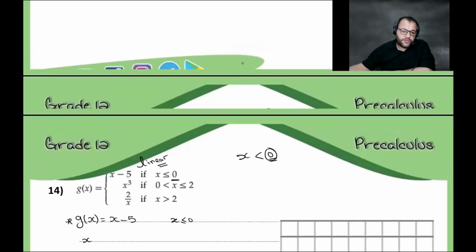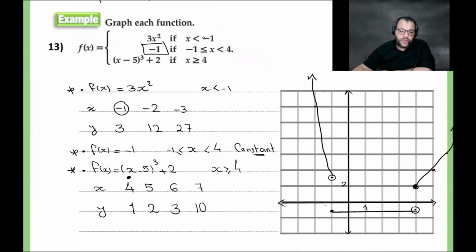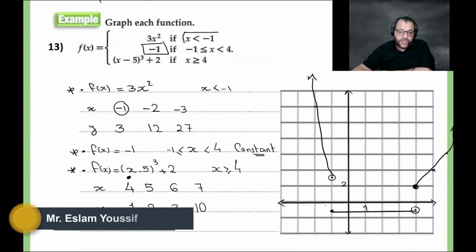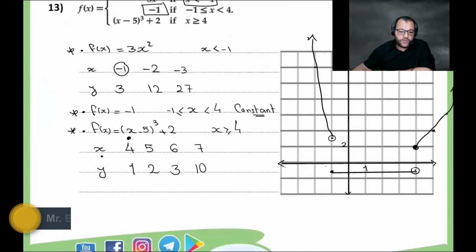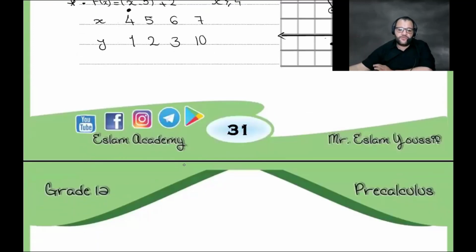If you remember, for question number 13, when I say x is smaller than -1, I start from -1 and make -1 open. When I'm solving the third one, I said x is greater than or equal to 4, I start from 4 and make 4 closed. So I have to start from the same number as the condition of x.